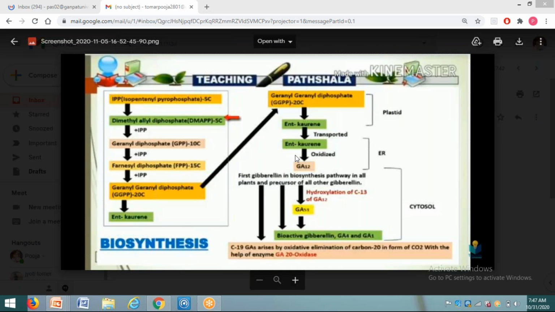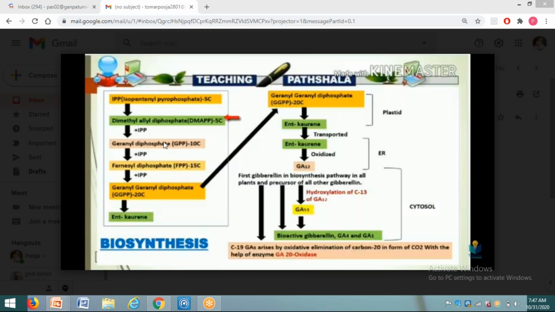Firstly, IPP, isopentenyl pyrophosphate. This is the precursor. The first compound is IPP. It is a precursor which is a 5 carbon compound. From this 5 carbon compound, dimethylallyl diphosphate is formed. From here the process starts.